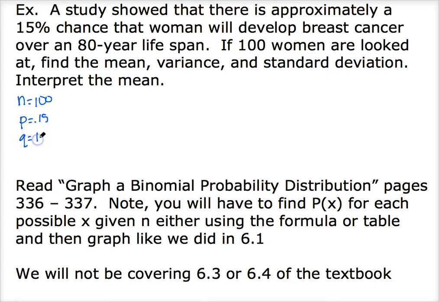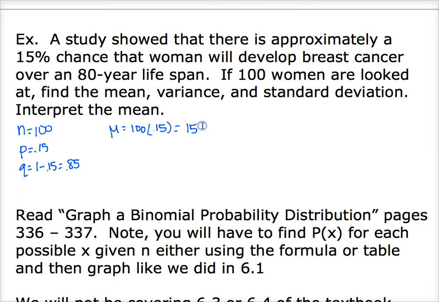Q is going to be 1 minus 0.15, or 0.85. The mean is N times P, which equals 15.